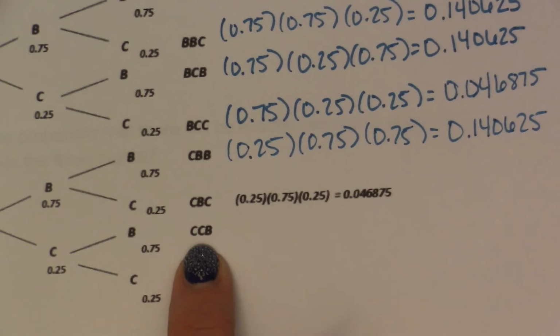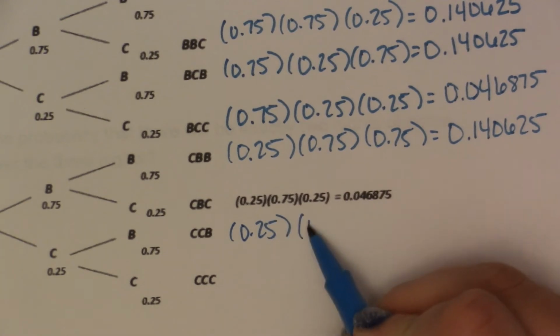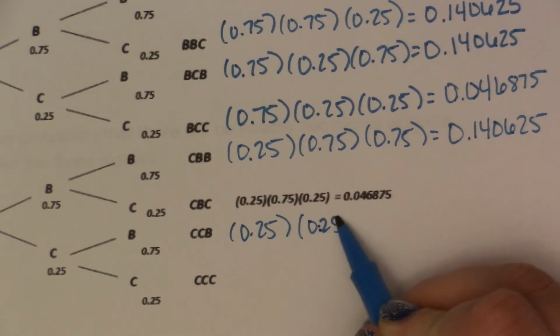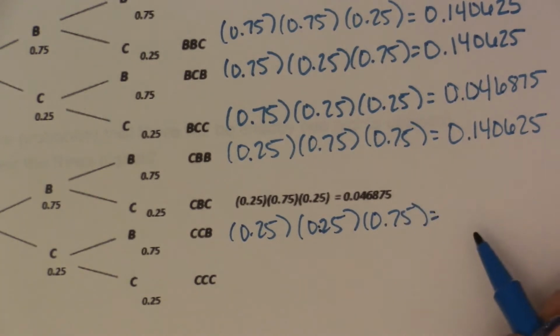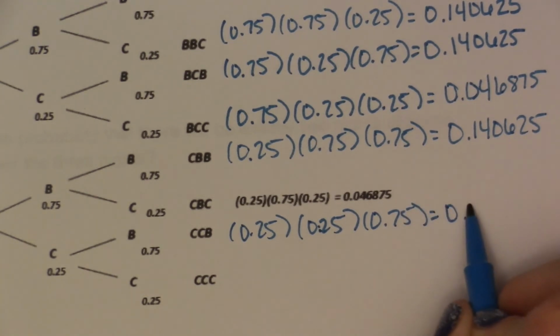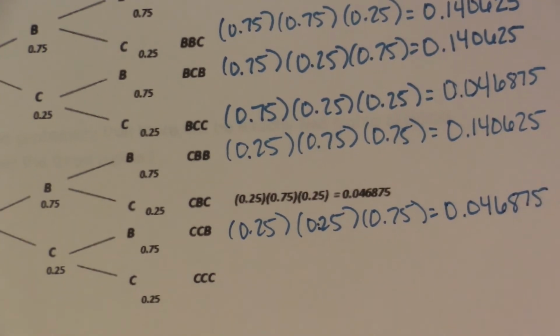We're going to go down to our card game, card game, board game: 0.25, 0.25, and 0.75. When we multiply those, we get 0.046875.